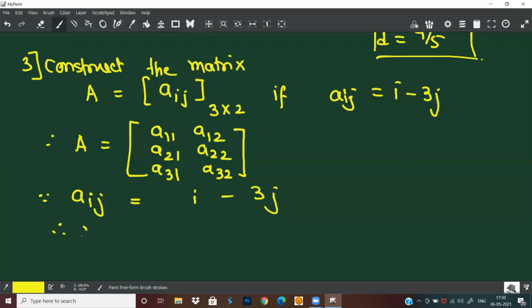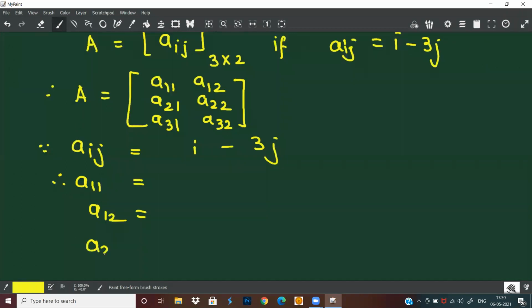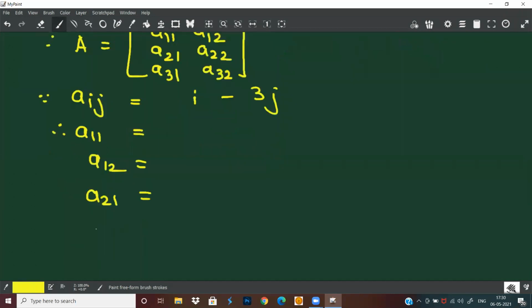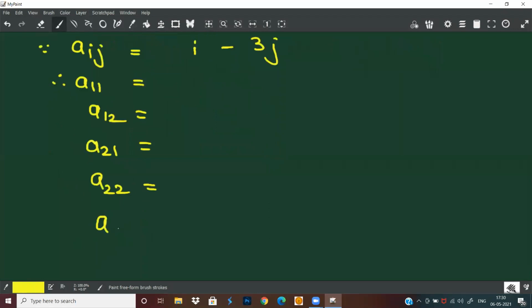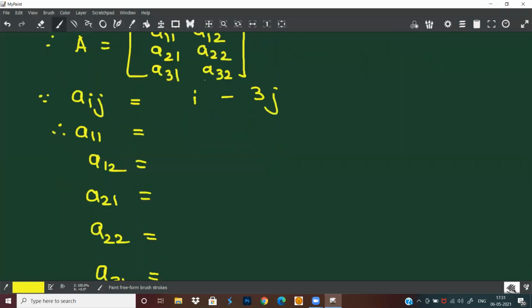So अभी अपने को निकालना है A11, A12, A21, A22, A31 and A32. ये सारा निकालना है. अभी Aij है I minus 3j, ये दिया हुआ है. अभी यहाँ 1 में I is 1 ना j is 1. So 1 minus 3 into 1. This is -2.